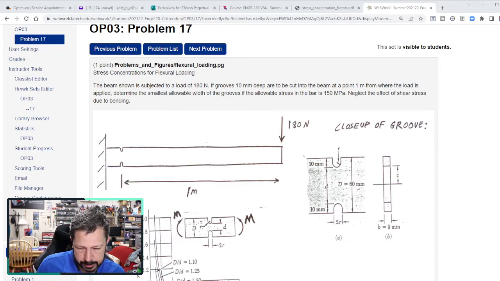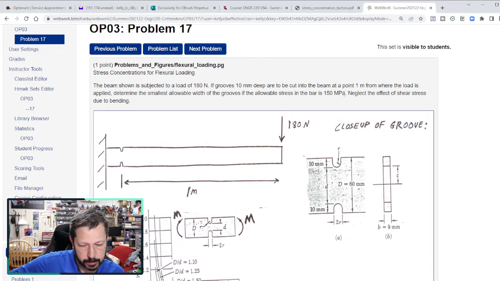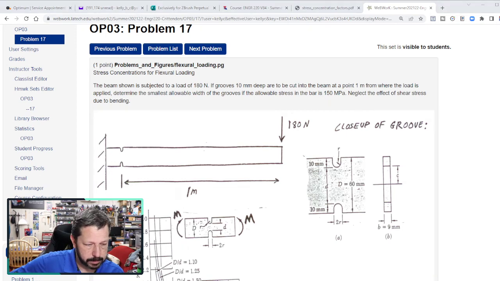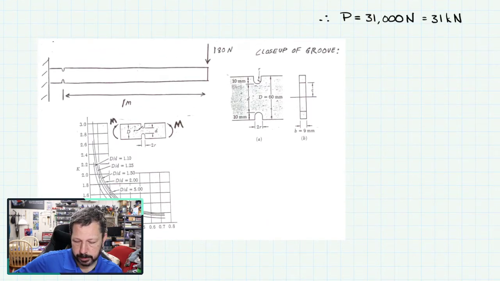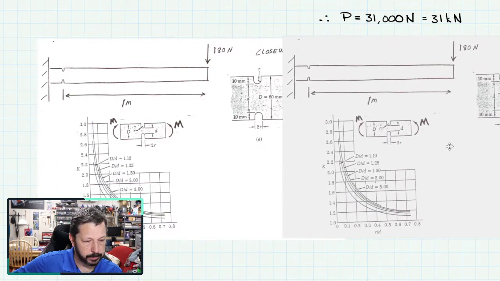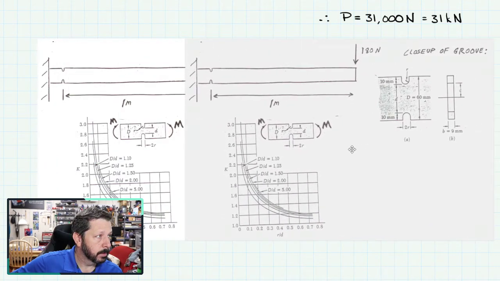All right, so I think there's a couple of things in here that we need. We've got the 180. We've got the 10 millimeters labeled on the picture here. We just need the 150 number. 150 megapascals is our allowable stress. So we can go back over here, I think. All right, so this one, they gave us the diagram. I'm going to have to move this over so I'm not covering it up. There we go.